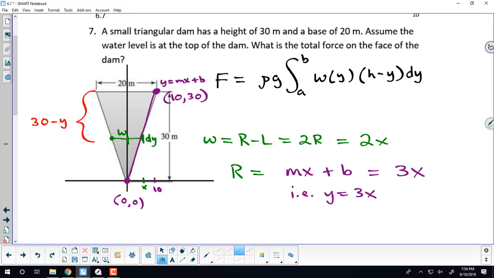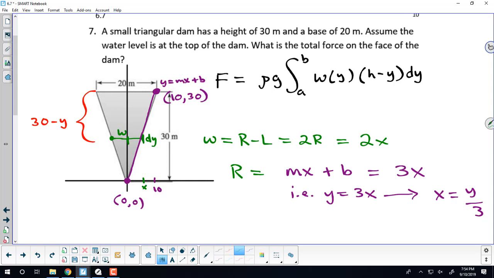So we need that in terms of y. Okay. Any questions on that? I think with these, or the work problems, those are the key aspects: setting up that area or that width function.